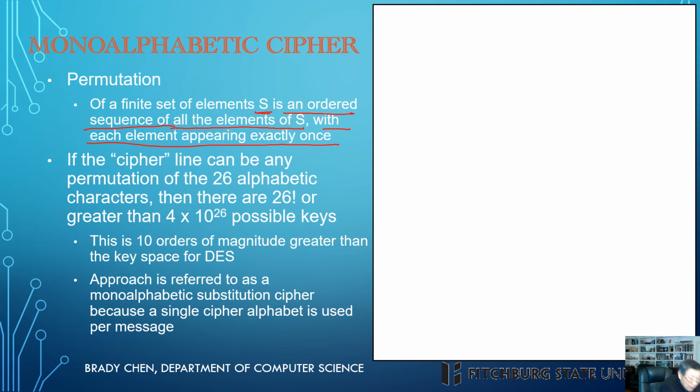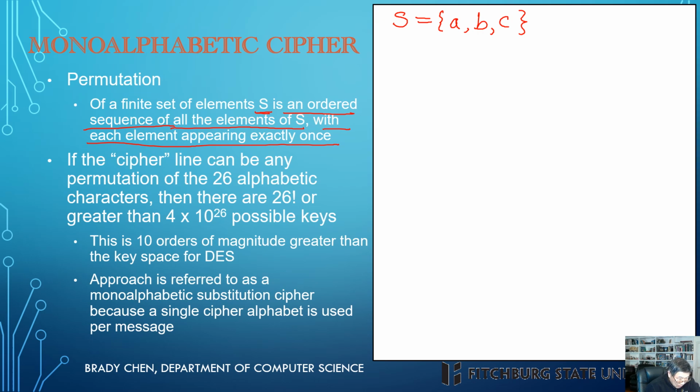Okay, now in order to discuss the permutation, we first need to introduce a set of elements S. Let's say we have a set of 3 elements A, B, C. Okay. Now, what's a permutation of S? It's an ordered sequence of all the elements of S.